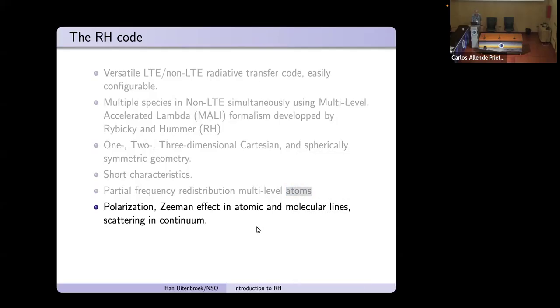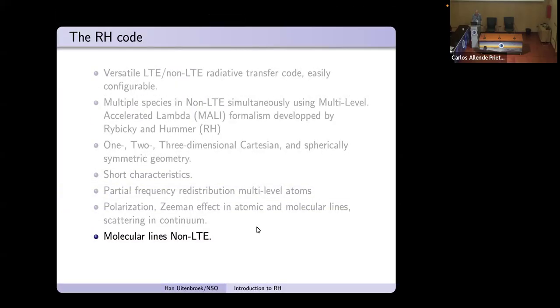The code can handle polarization due to the Zeeman effect in atomic and in molecular lines. In some approximations, Hund's cases A and B are implemented, and it can calculate the polarization for scattering by Thomson scattering and Rayleigh scattering in the continuum.